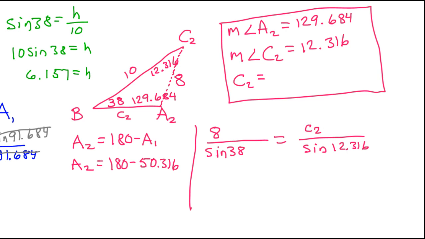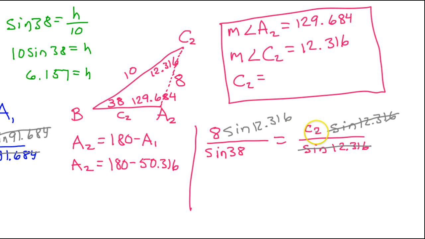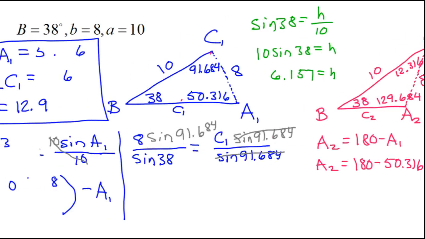To get C2 by itself, I need to multiply both sides by sine 12.316. That way these will cancel out. That's going to leave C2 by itself. So all I have to do now is put all of this in my calculator at once. And that is 2.772. So there we have solved for the red triangle and the blue triangle.